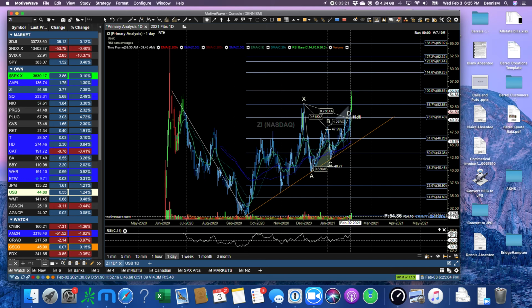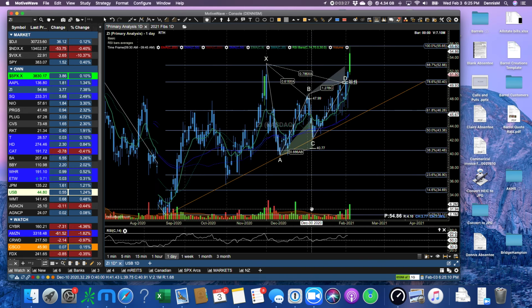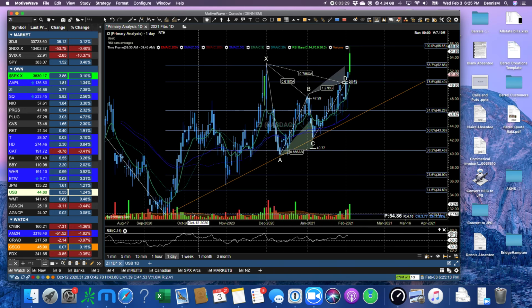If you look at the big volume days, buying, selling, buying, buying, buying, bit of selling back here, it just blew away that Gartley pattern. Wow. Let's keep an eye on it.